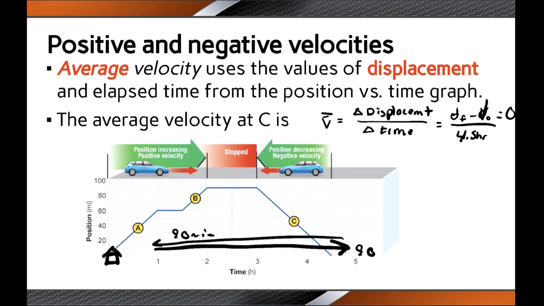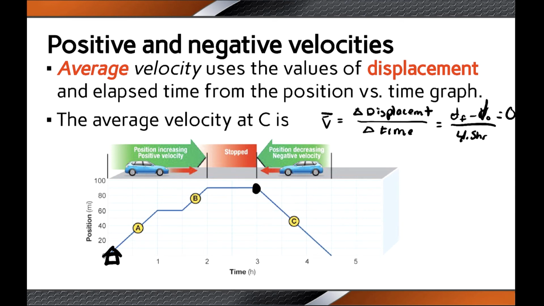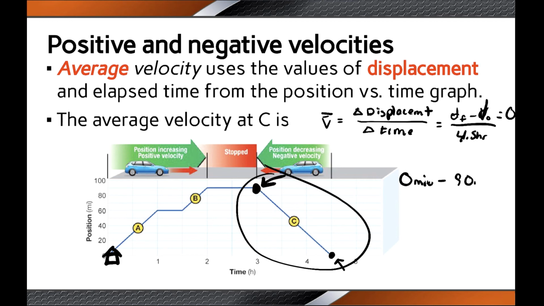Now, let's say instead of going from the starting point, you wanted to figure out the average velocity during just this segment, from this point here to this point here. If we say that is our starting point right here, we would have to say that our change in distance, our displacement, we ended with a 0 right here, minus the 90 miles.